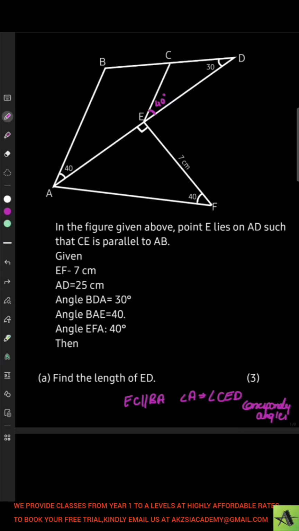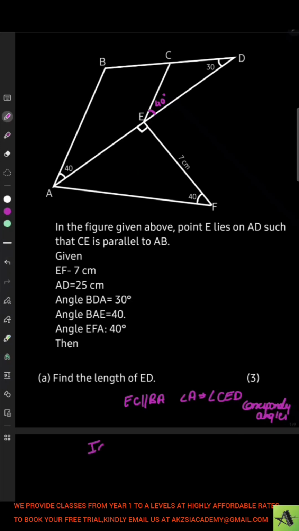And because we already know the whole length AD is 25 centimeters, if I can calculate this EA, it would be easier to calculate ED, just subtract from 25.